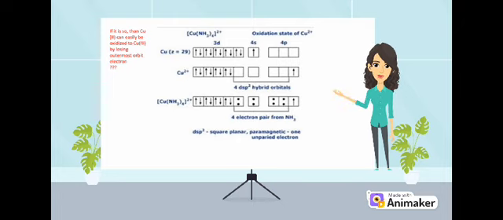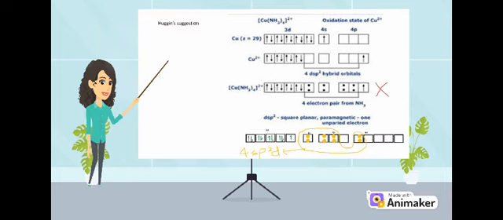The structure is square planar and the molecule is paramagnetic due to the presence of one unpaired electron in the 4p orbital. But if it is so, then copper 2+ can easily be oxidized to copper 3+ by losing its outermost electron. Huggins has given a suggestion for this complex. As per Huggins' suggestion, there is no flipping of the electron from the 3d orbital to the 4p orbital, and the hybridization will not be dsp2 type, but it will be sp2d type.